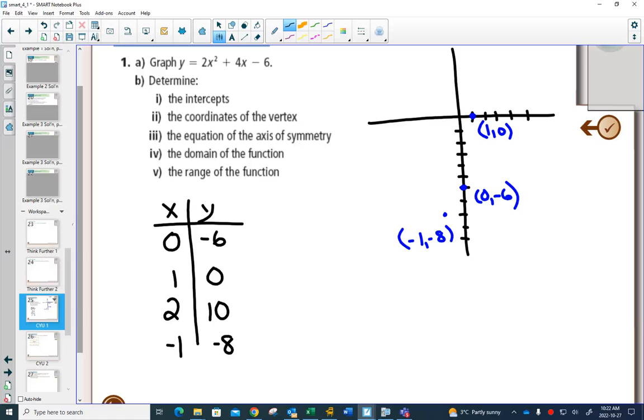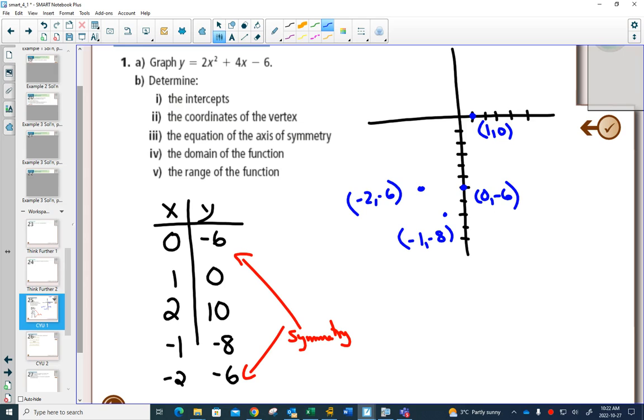What you really want to find is eventually, and we're going to find it once we plug in -2 here. When I plug in -2, I'm going to get 8 minus 8 minus 6. I'm going to get -6 again. And I'm just going to point out that provides some symmetry. That's where another point is exactly opposite. So I have -2, -6.